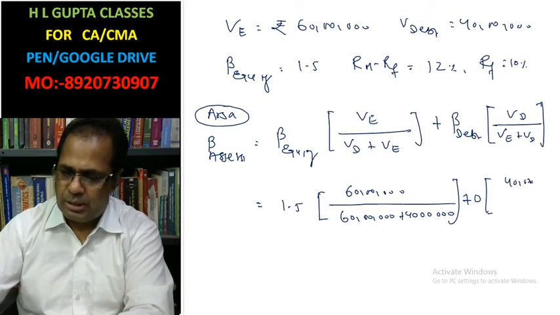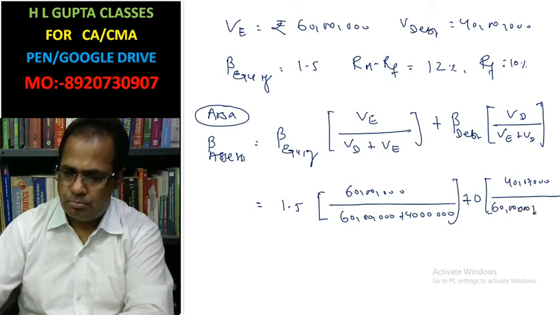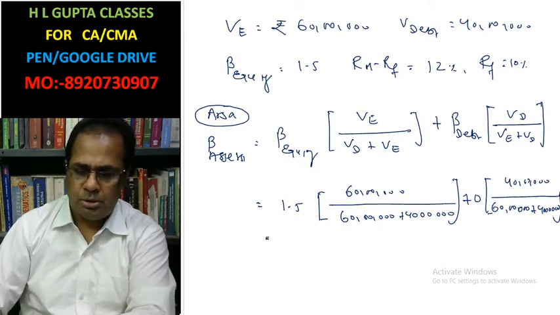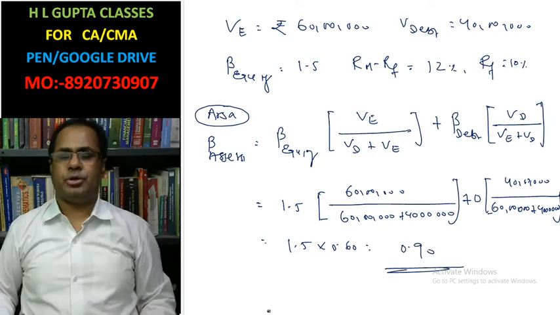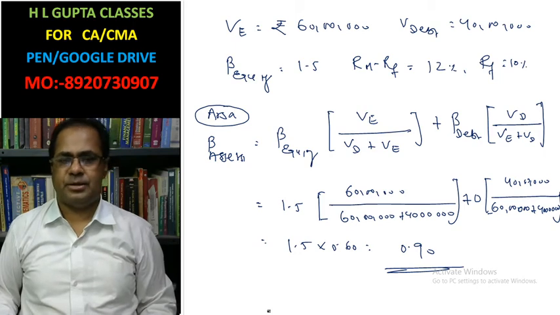So beta debt into 40 lakh divided by 60 lakh plus 40 lakh. Now 1.5 into 0.60 equals 0.90. This is the beta of the assets.